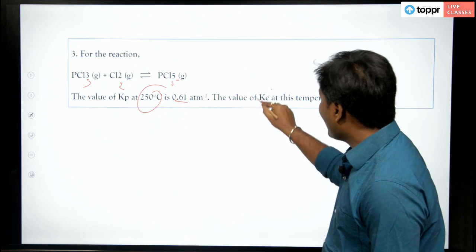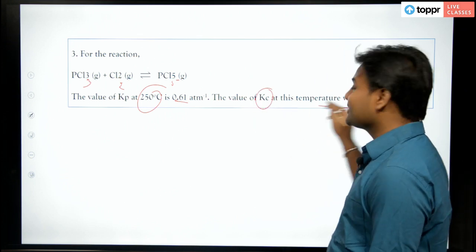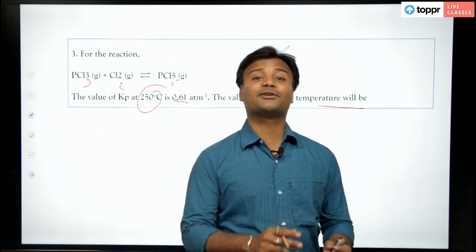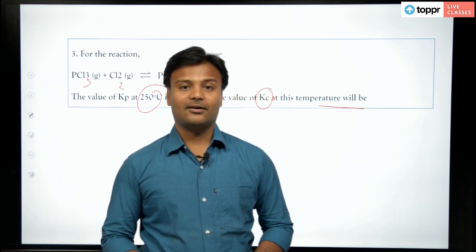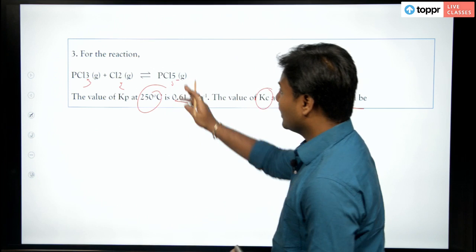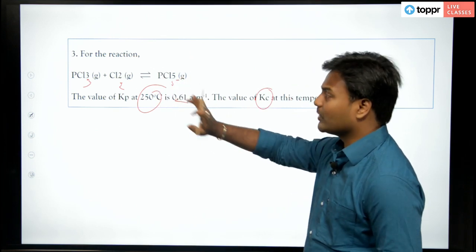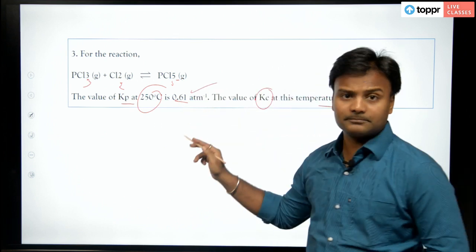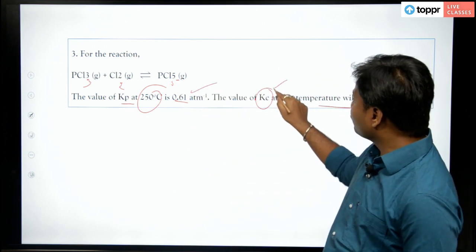Now the value of Kc at this temperature, this is also one of the past paper subjective questions. Okay, look at this question. You have been given the equation, and the value of Kp was given to you. They are asking you to find out the value of Kc.